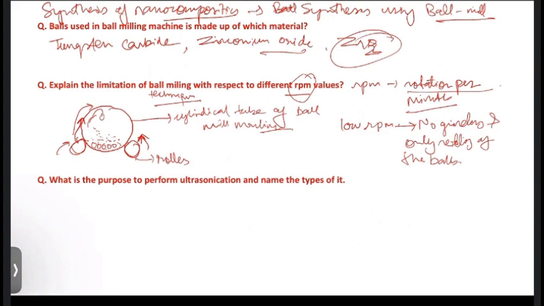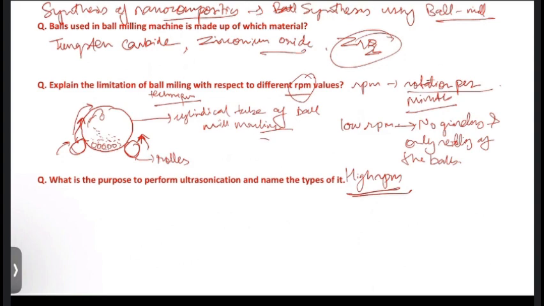Talking about high RPM, if we know that no grinding is happening at low RPM, then we should do grinding at very high RPM. Is my statement correct? High RPM. Think about it.